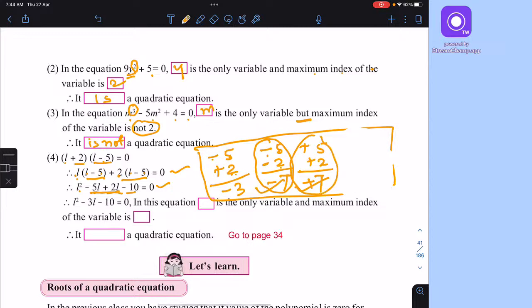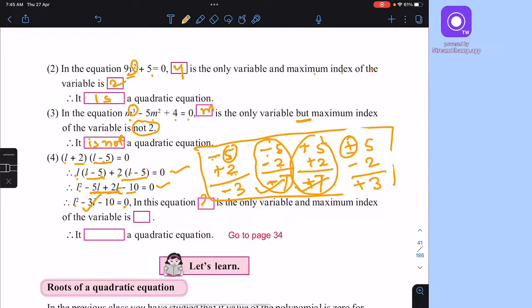And if both are minus, the sign is minus. If both are plus, the sign is plus. And if they are having opposite signs, minus 5 plus 2 or plus 5 and minus 2, then you have to subtract the numbers. 5 minus 2 is 3. And here the greater is 5, so it is plus. Here 5 is greater and its sign is minus, so it is minus 3. So here minus 5L and plus 2L is minus 3L. So you are getting L square minus 3L minus 10 is equal to 0.